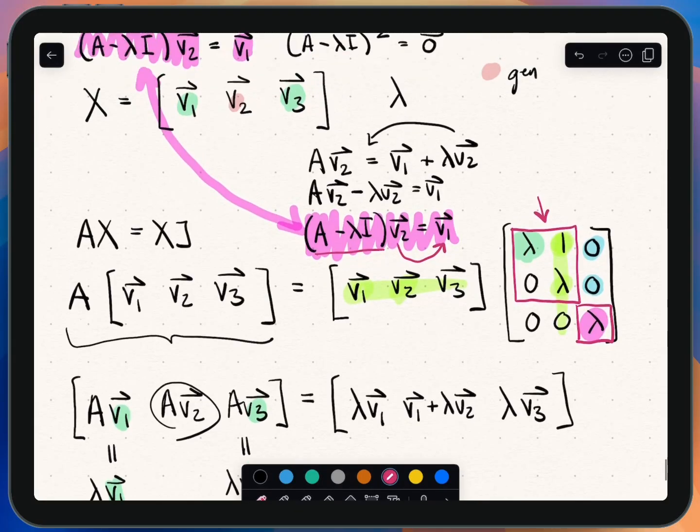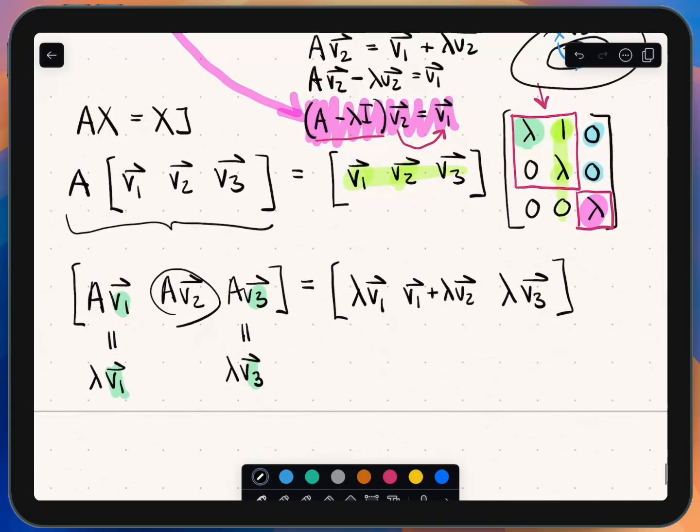What we said here is that V2 and V1 form a chain. We can think of it as our V1 is right here, and then one layer above it is this V2. Together they form this chain: if I apply A minus lambda I, I can go from V2 to V1, and then when I apply A minus lambda I again, I go from V1 to 0. So they form a chain.